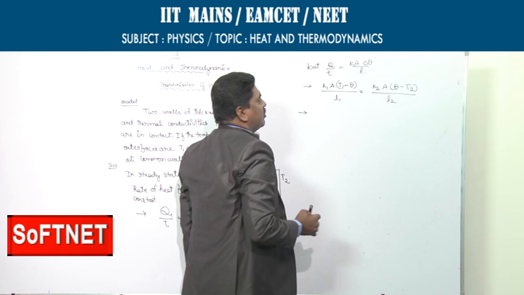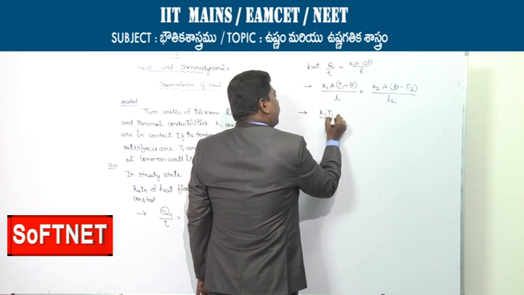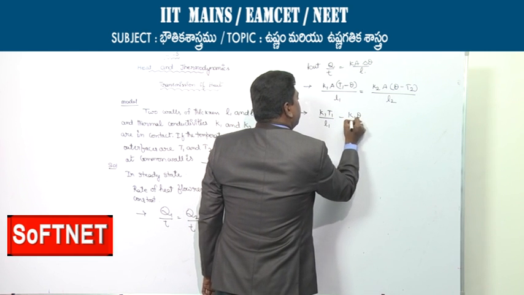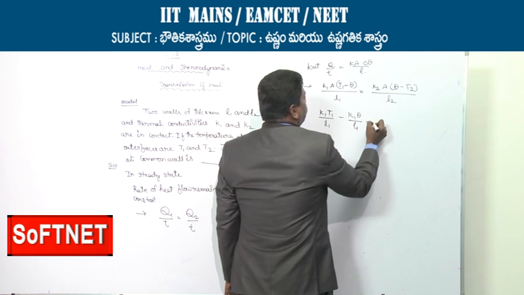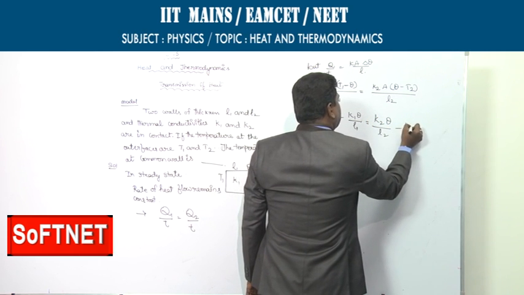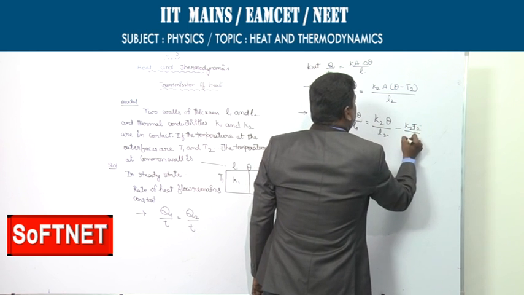Cancelling A on both sides and opening the brackets, we have K1 T1 by L1 minus K1 theta by L1 is equal to K2 theta by L2 minus K2 T2 by L2.